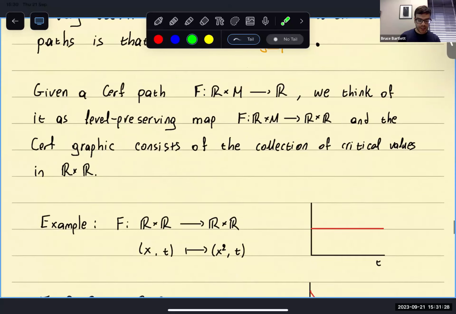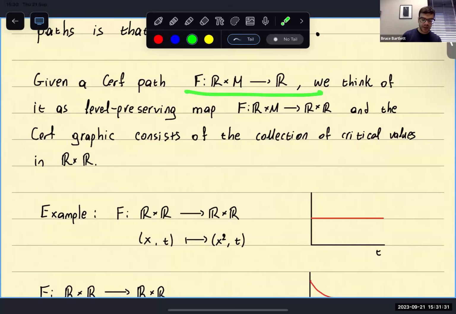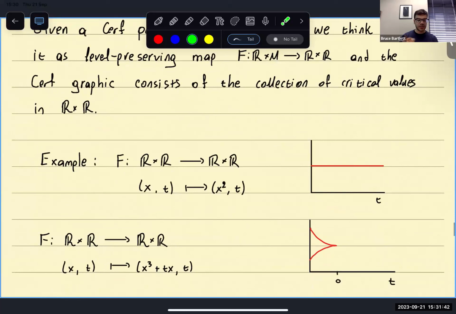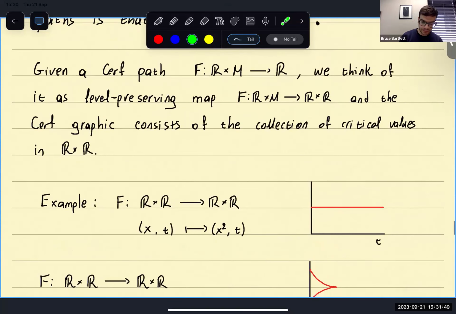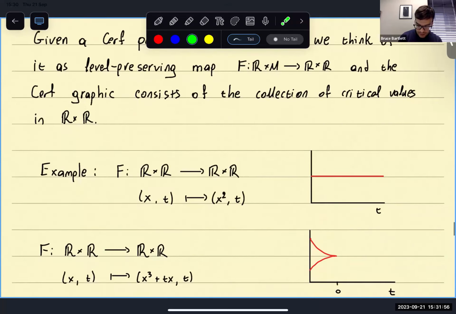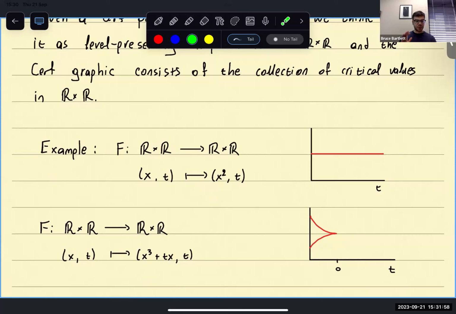If you give me a Cerf path, I can always consider it to be a level-wise preserving map from R cross M to R cross R. The Cerf graphic is going to consist of the collection of all critical values in R cross R.